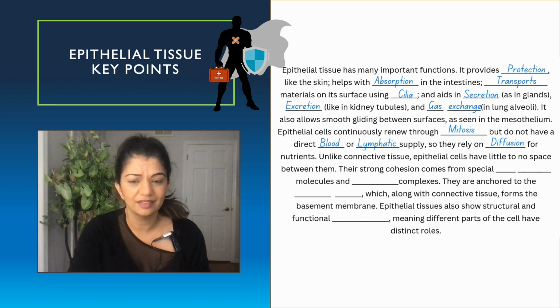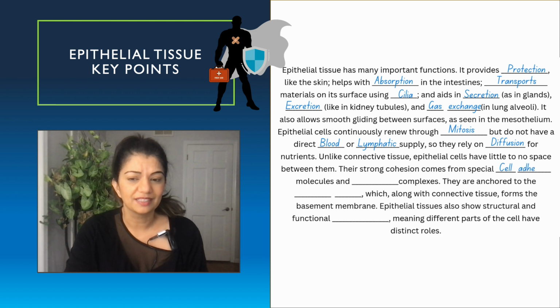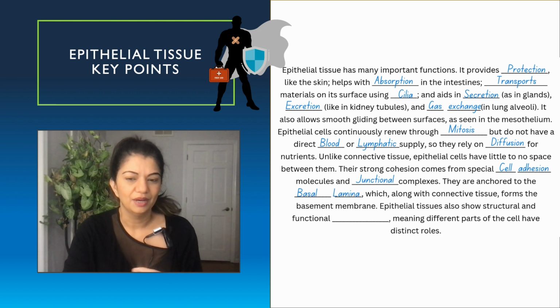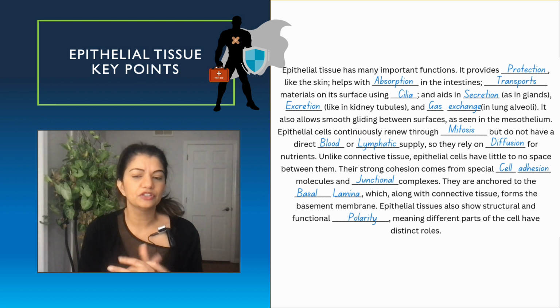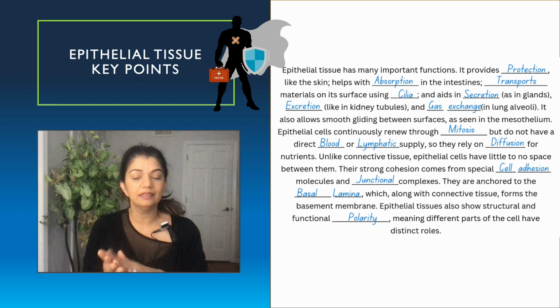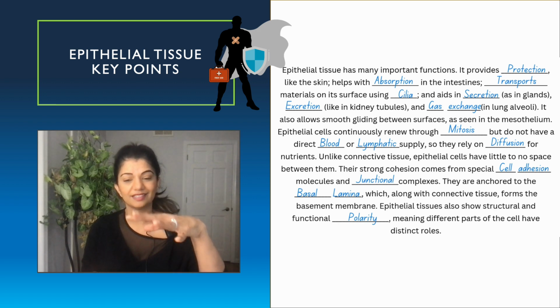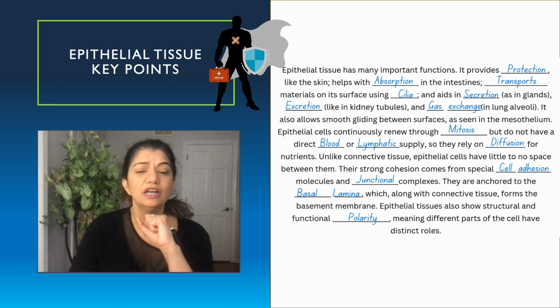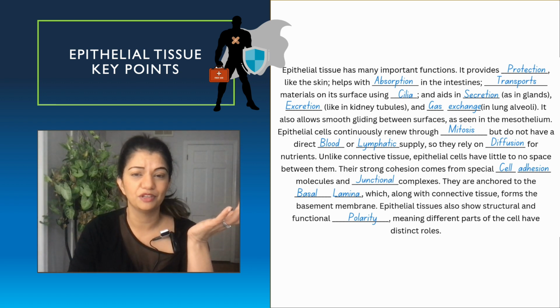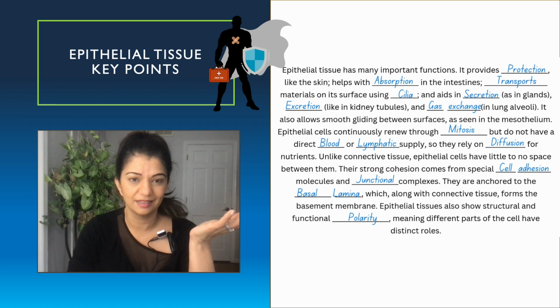The cohesion that's very strong with epithelia actually comes from special cell adhesion molecules and junctional complexes that are anchored in the basal lamina, which along with connective tissue forms the basement membrane. But epithelial tissues also show structural and functional polarity, meaning that parts of epithelial cells have distinct roles. So there's this major polarity. So you can see that is an example of how you might use a fill in the blank example.